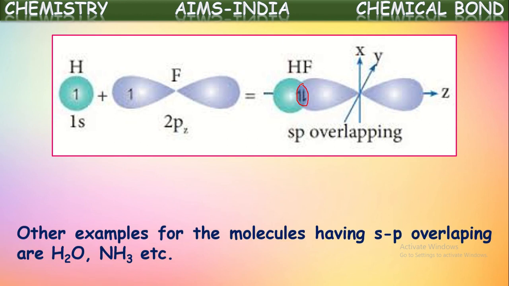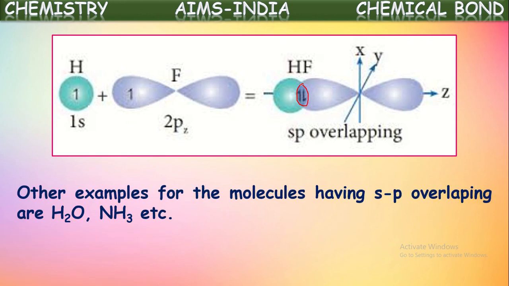Okay. Some other molecules, just like the hydrogen fluoride molecule, other examples of molecules having s-p overlapping are water, H2O. In H2O also, between oxygen and hydrogen, there exists a covalent bond which is formed by the s-p overlapping of atomic orbitals.